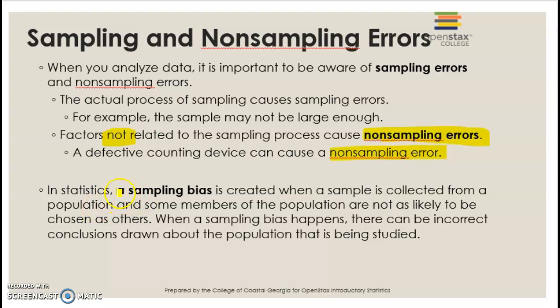In statistics, a sampling bias is created when a sample is collected from a population and some members of the population are not as likely to be chosen as others. When a sampling bias happens, it can skew your results so that you're telling people things that are true that are not true.